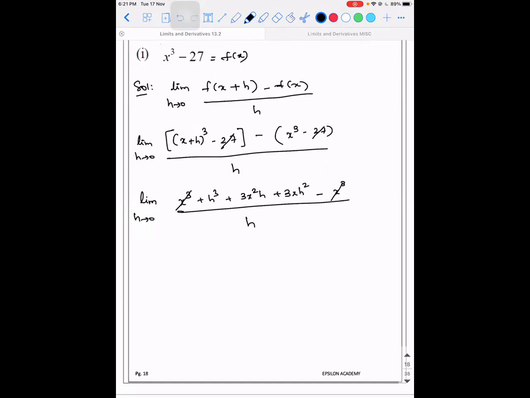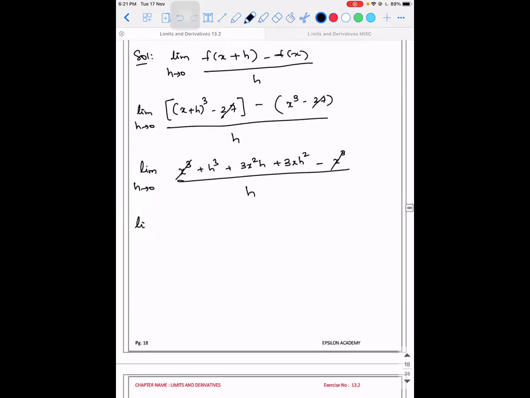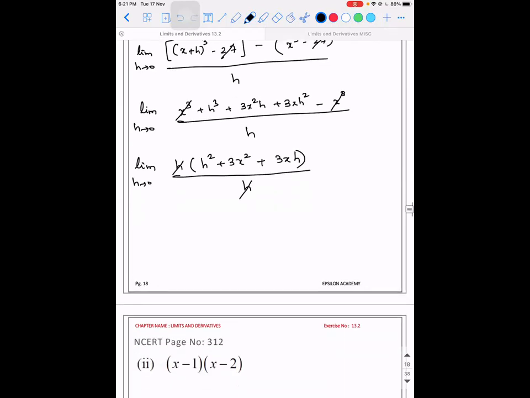X cube and x cube get cancelled. What should I take out common? H, sir. So h into h square plus 3x square plus 3xh, the whole divided by h. So h and h will get cancelled. Now you substitute the limit. It will be 0 plus 3x square plus 3x into 0. Answer will be 3x square.